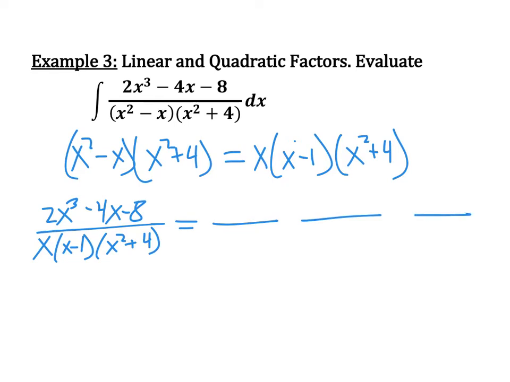We're going to have one fraction that has a denominator of x, one fraction that has a denominator of x minus 1, one fraction that has a denominator of x squared plus 4. Now, this one is going to be a over x, first degree on the bottom, 0 degree, or a constant, on top. Then we have b, first degree on the bottom, constant on the top.